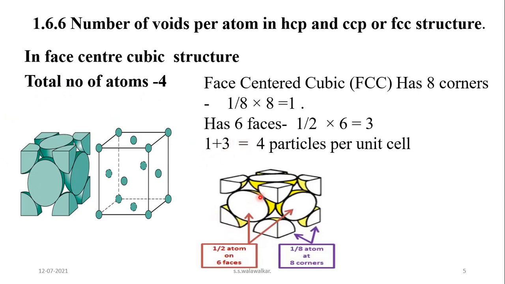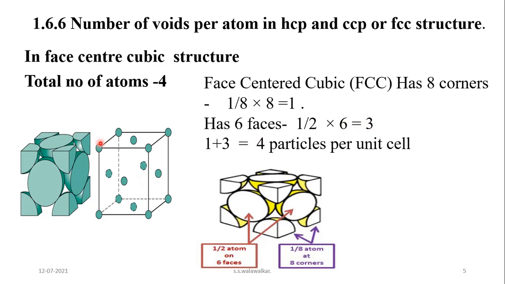How? See here. This face centered atom or particle is shared between 2 unit cells. Therefore, this particular unit cell owns only half an atom. That is, the contribution of this sphere is only half, and therefore as it has 6 faces, 1 divided by 2 into 6, that is equal to 3.